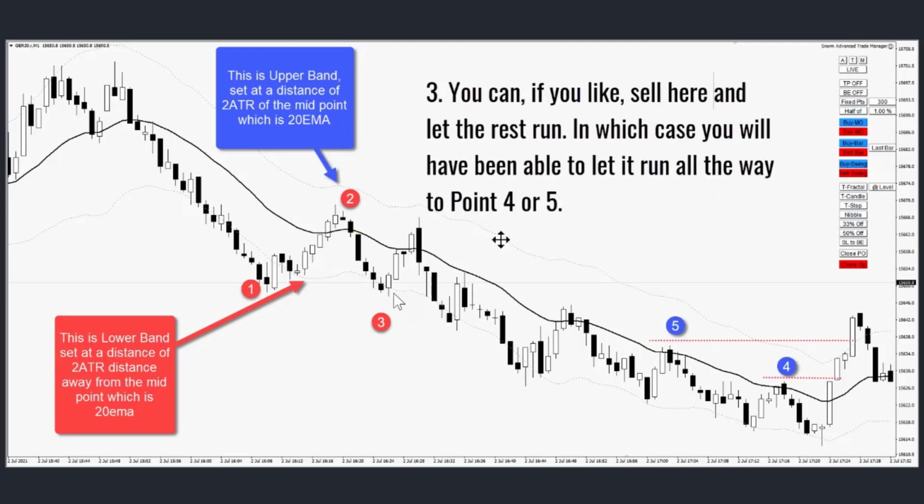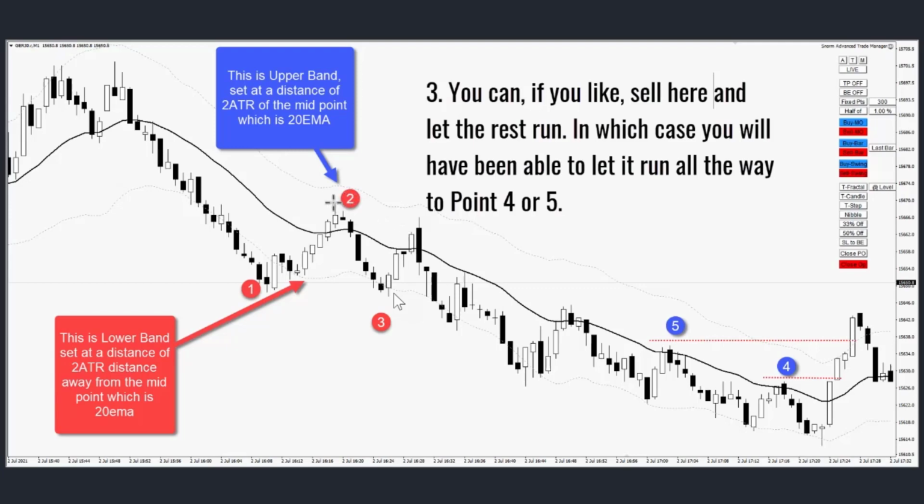You can, if you like, sell or close half here. I will cover in this video a little bit later, in different slides as well, why that can be useful. Or you can exit all. If you sold half here, then you bring your stop loss there, in which case the rest of the position will be closed out at break even. Another way of doing it is, if you enter here and close half up here, you bring your stop loss above that swing high.